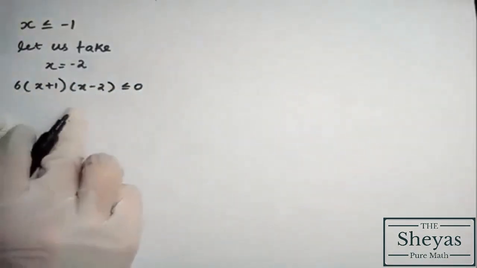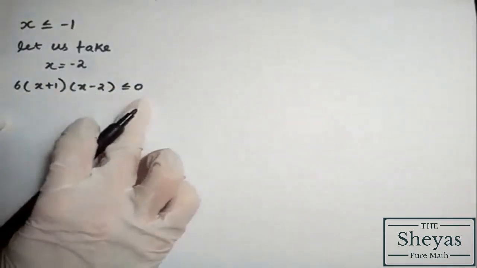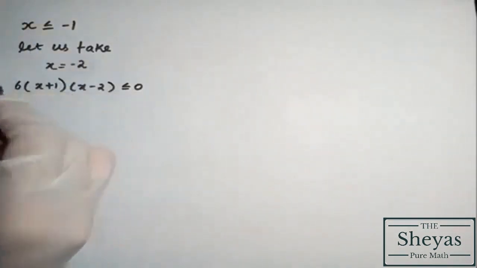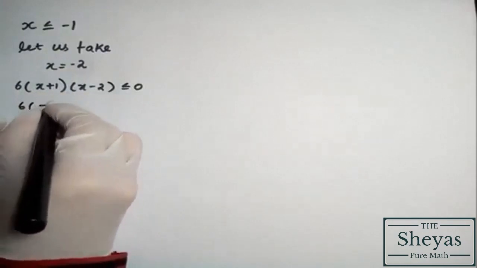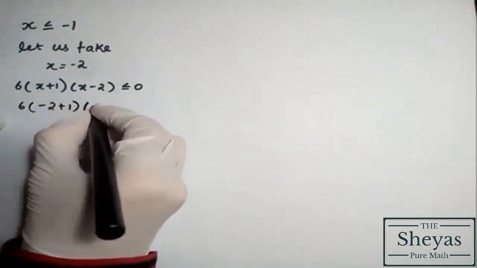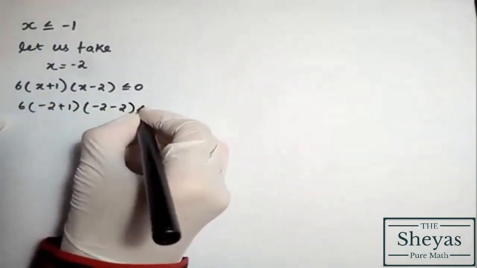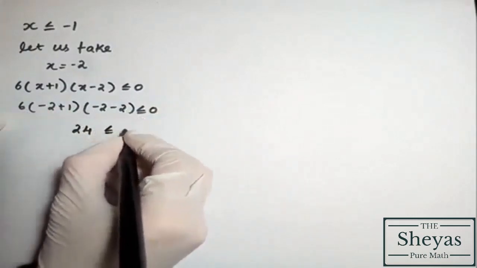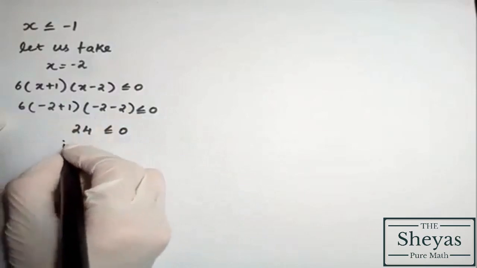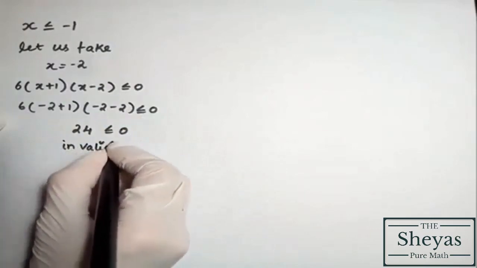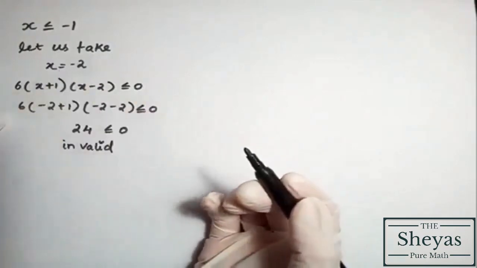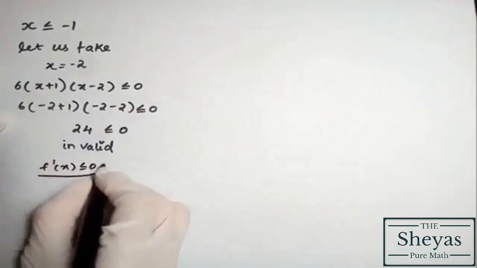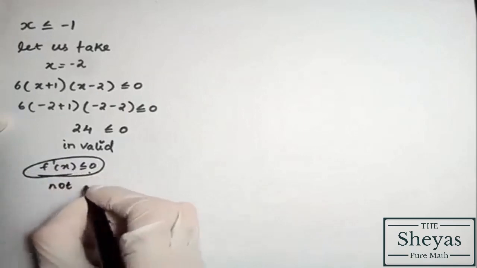This is your f dash of x and this is your condition. When you apply x is equal to minus 2, just see what happens. Minus 2 plus 1 and minus 2 minus 2, when you multiply this, you are getting 24 less than or equal to 0, which is invalid. So here f dash of x less than or equal to 0 is not satisfied.